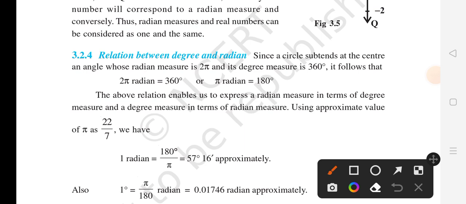The above relation enables us to express radian measure in terms of degree measure and degree measure in terms of radian measure.